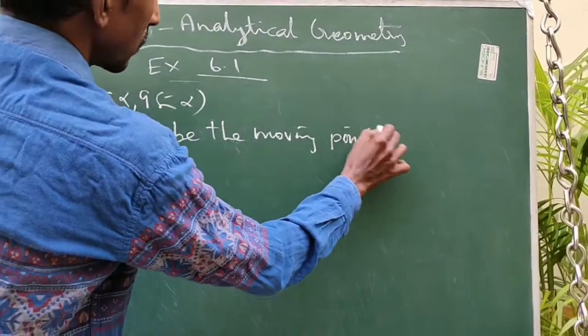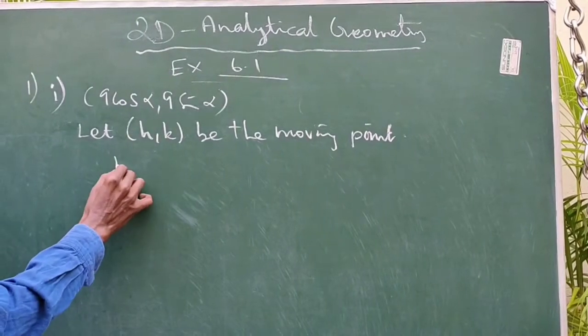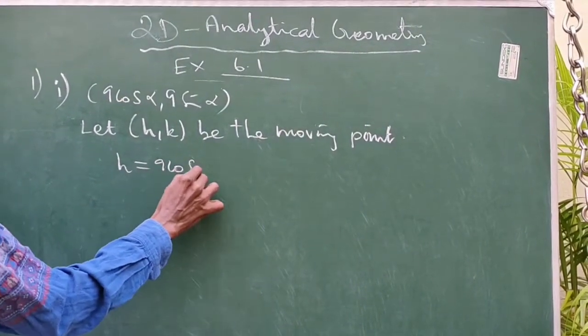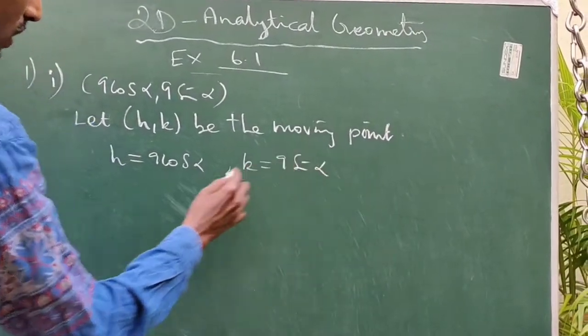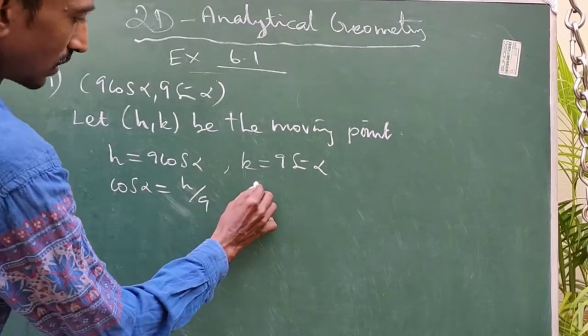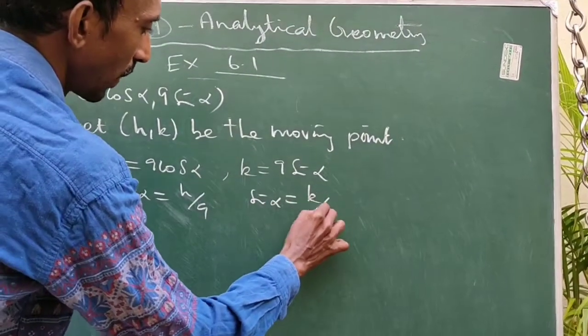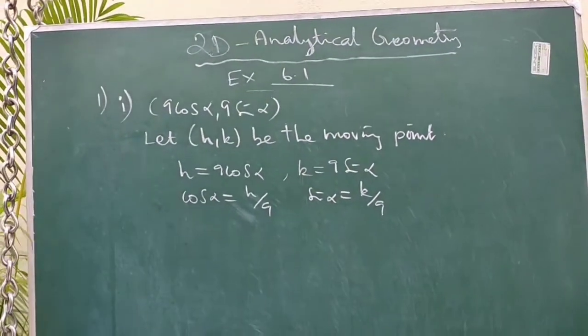Given that, h equals 9 cos alpha, k equals 9 sin alpha. So cos alpha equals h by 9, sin alpha equals k by 9. Our aim is to eliminate alpha.